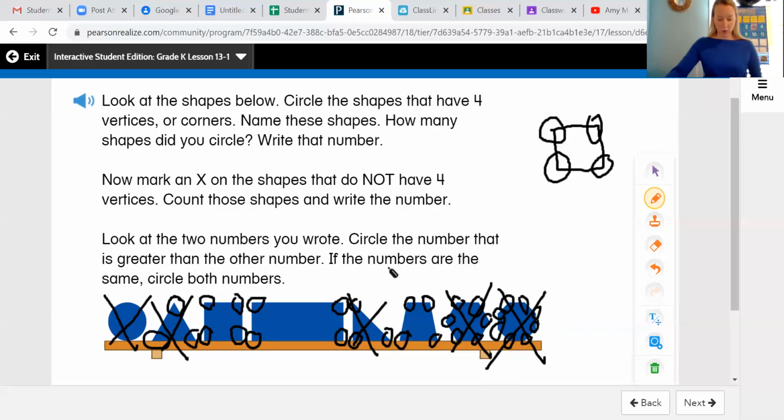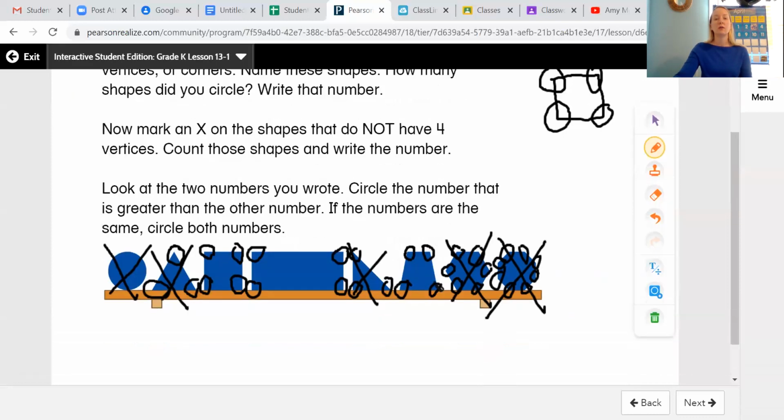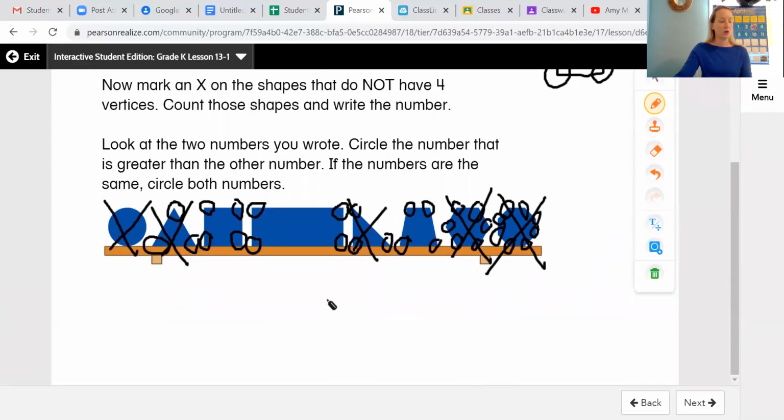All right, so it says, draw the shapes that match the clue on the door. How many shapes did you draw? So if we draw all the shapes with 4 vertices, let's look at our shapes. Oh, I see a square. Let's draw a square.